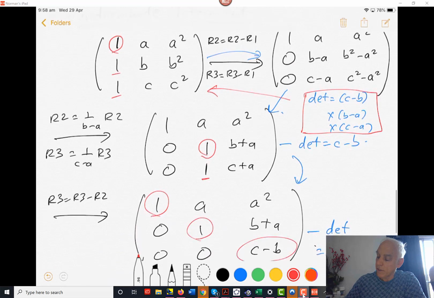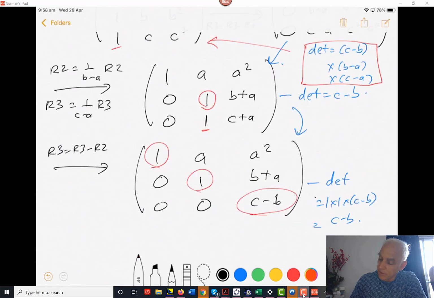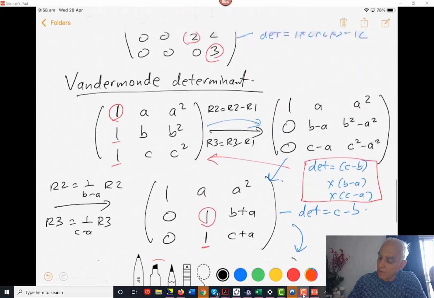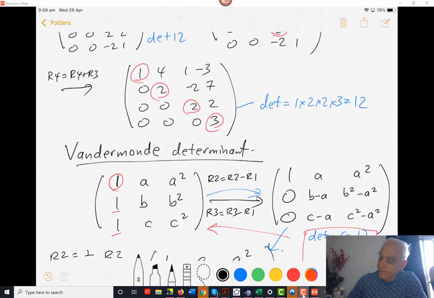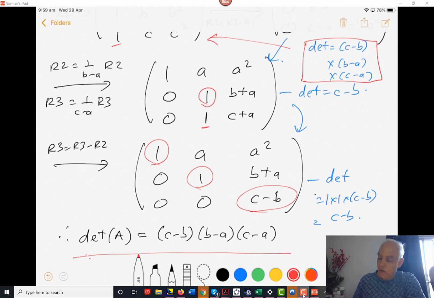And so we can conclude that the determinant of, let's say the matrix A, let's give it a name, so that's A, is equal to c minus b times b minus a times c minus a. It's a product of the differences between the three entries a, b, and c.